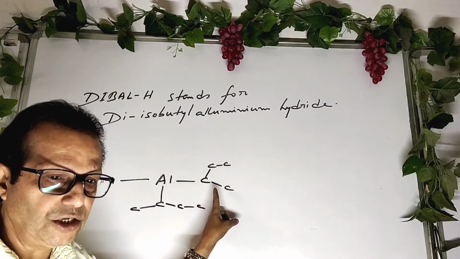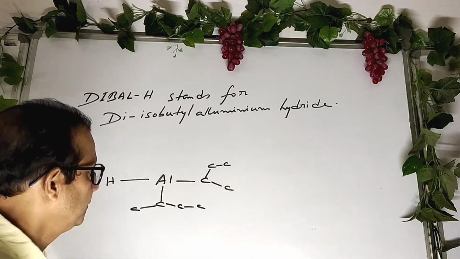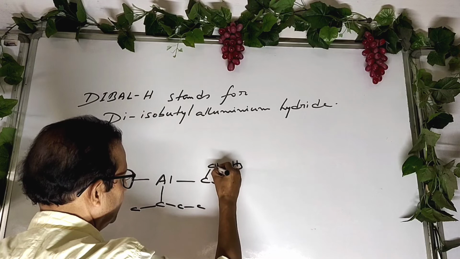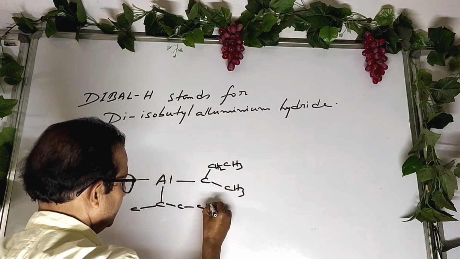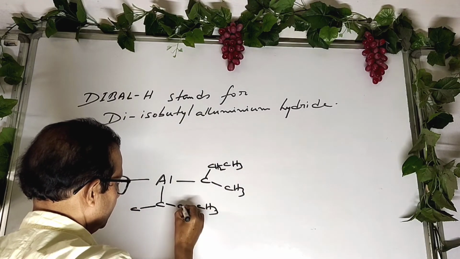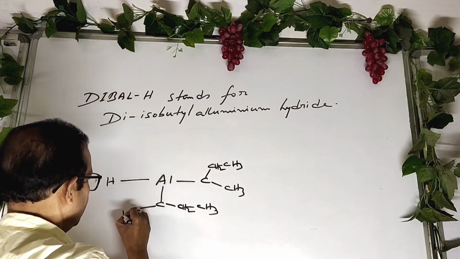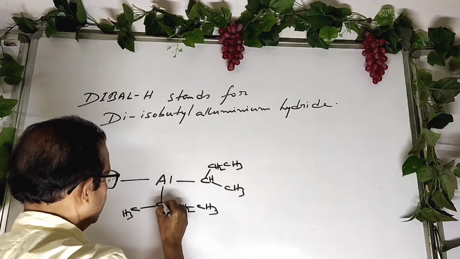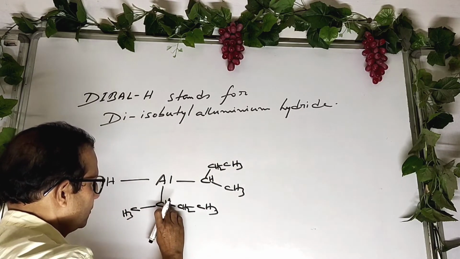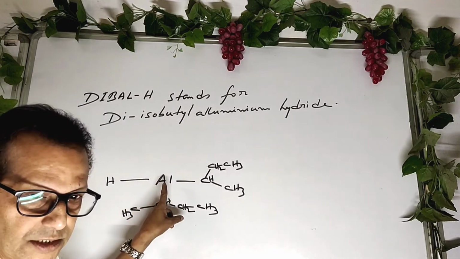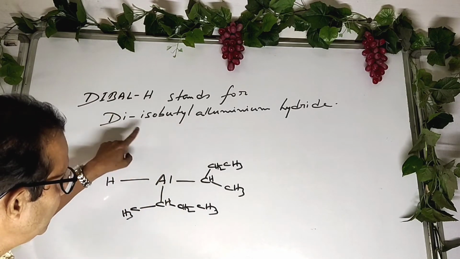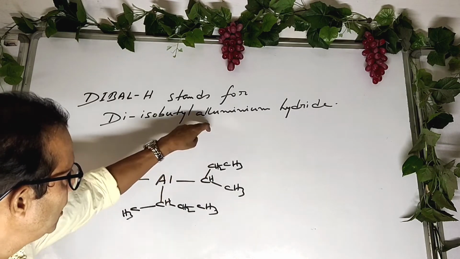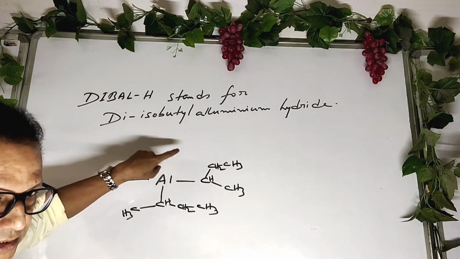Fulfill the tetravalency of carbon by putting hydrogen. This is the structure of diisobutyl aluminium hydride.